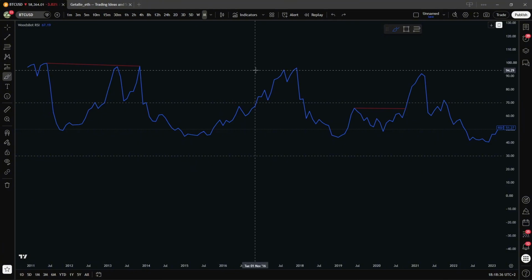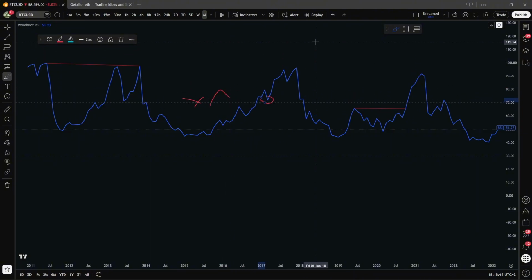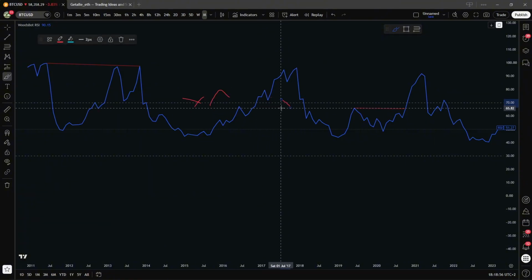So if you have a coin and you see the RSI is accepting above the 70 area and it comes back down right here, like in this case, this for me is not a short. I would rather look for longs on a retest of this 70 area on the RSI indicator.